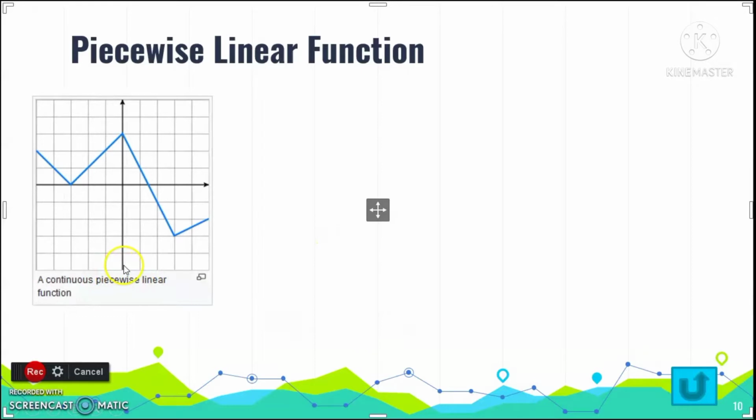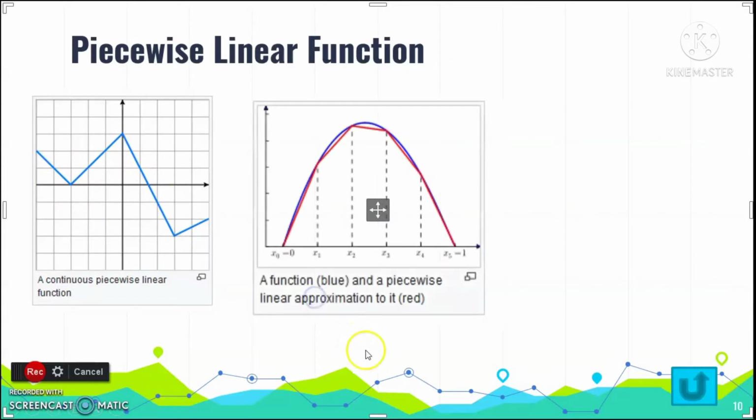This is a piecewise linear function composed of line segments, so a continuous piecewise linear function. Another example, we have a function in blue and a piecewise linear function to it in red.